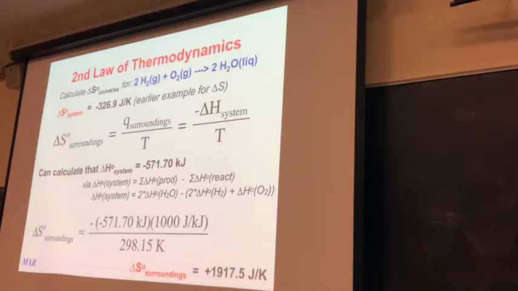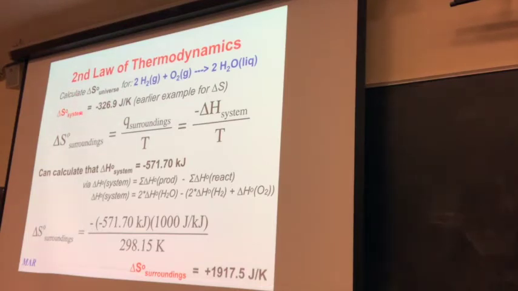And delta H, which usually has a larger magnitude, is usually in kilojoules. When you look at the column of delta S and delta H values, the S is in joules and the H is in kilojoules. And when you do all of this, you get this number for the delta S of the surroundings.